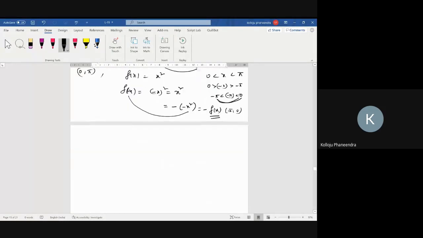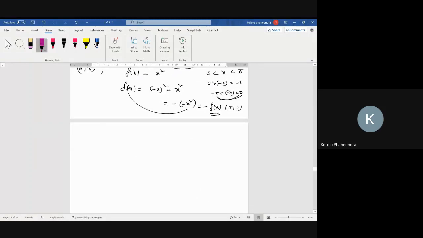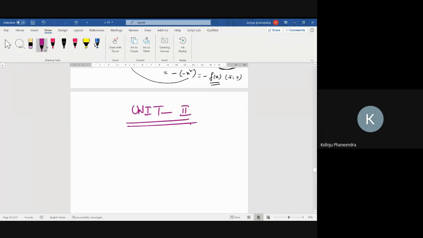Okay. Now what is your unit 2? I think in unit 2 the topics are Rolle's theorem, Lagrange's mean value theorem, Cauchy's mean value theorem, right?